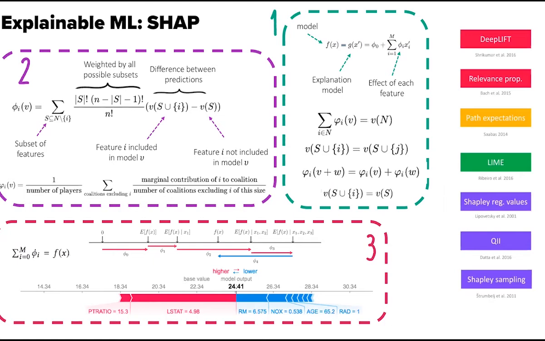And there are many explainability libraries that could help with this. Here on the left side, there are at least 7 types of those.